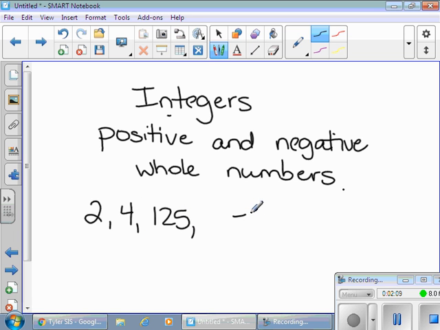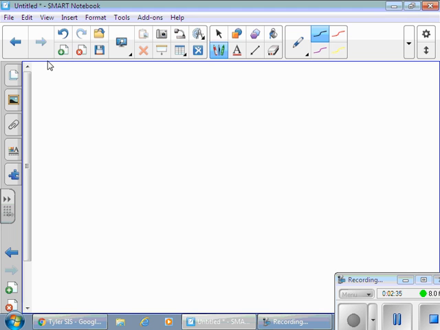Negative numbers might look like this. This little symbol here is your negative sign. And we'll talk about some different uses of negative numbers.